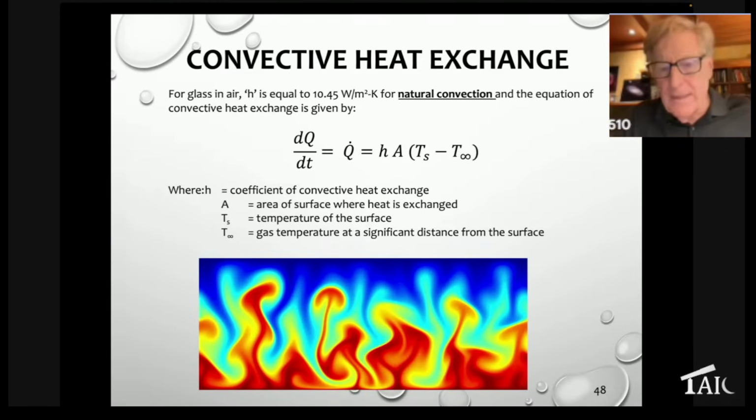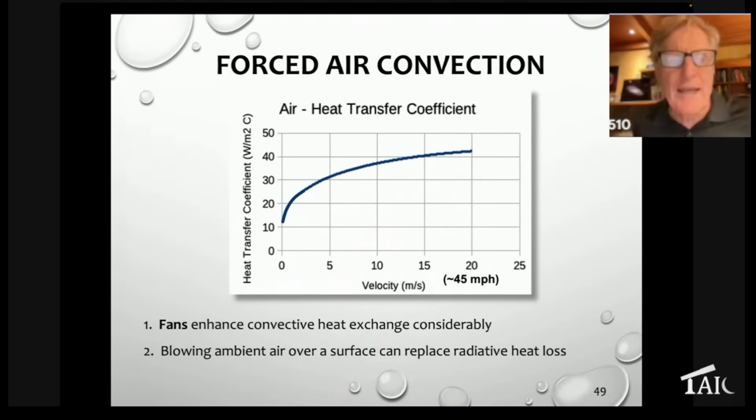So we can use that in the way of using fans. Fans can increase that coefficient of convective heat exchange, and we can increase it by about a factor of 4.